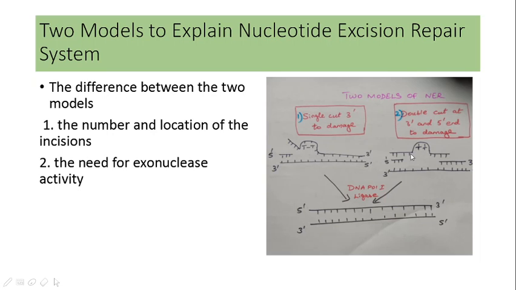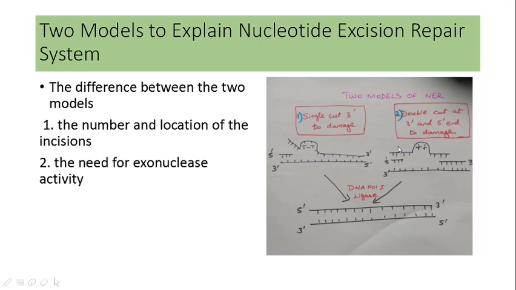Whereas in this nucleotide excision repair, UvrABC endonuclease is going to make two cuts, which means the second mechanism is postulated.